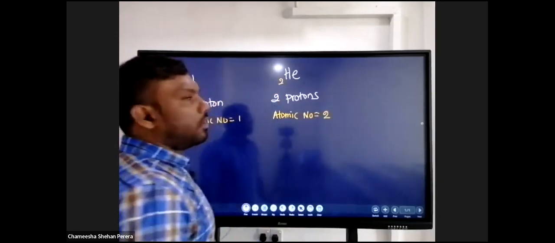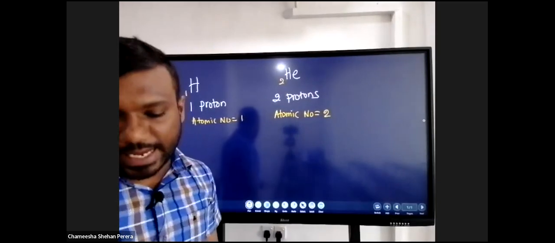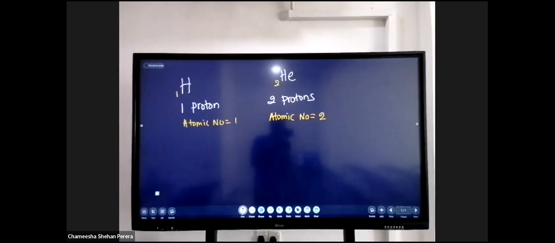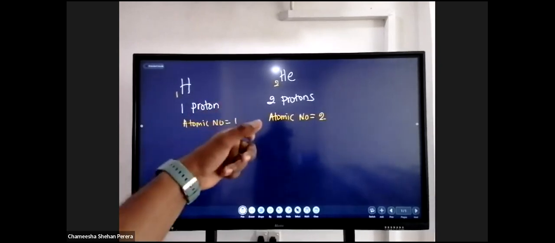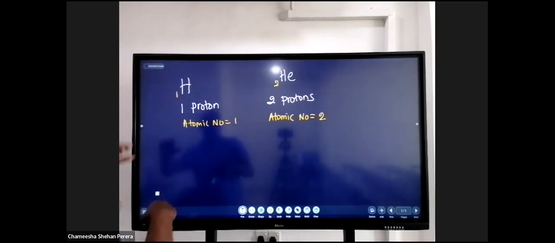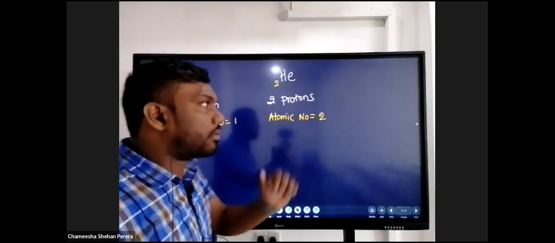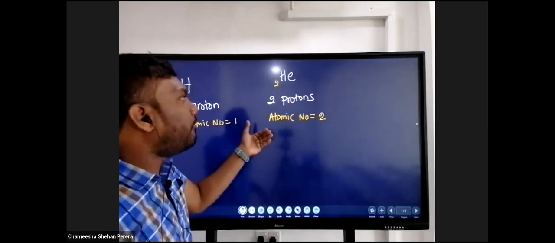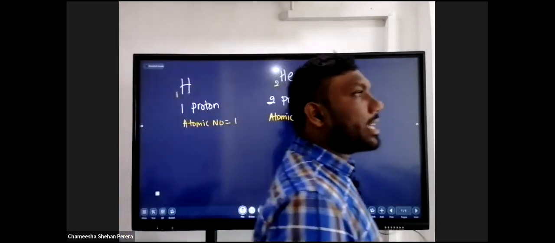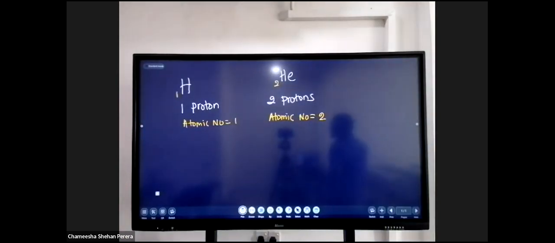So what you have to understand from this is that every atom has a particular number of protons in it, and that number of protons indicates the atomic number, right? And the very important part is that the atomic number of an atom cannot be changed.